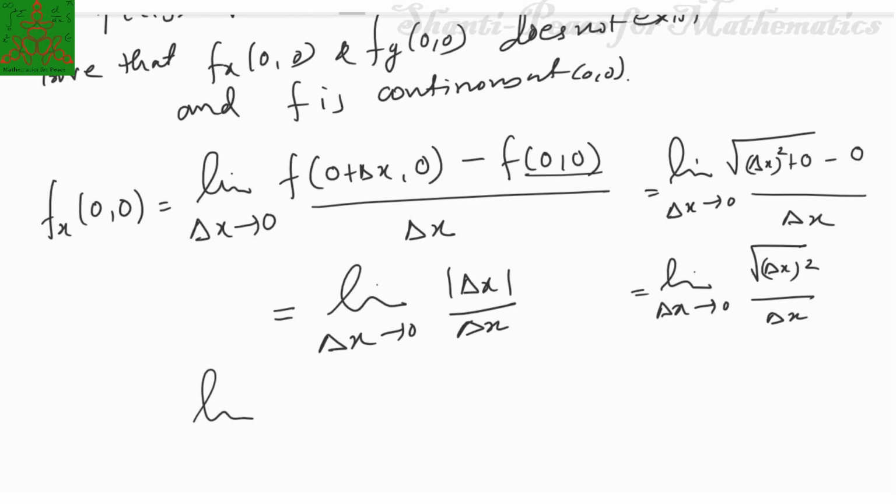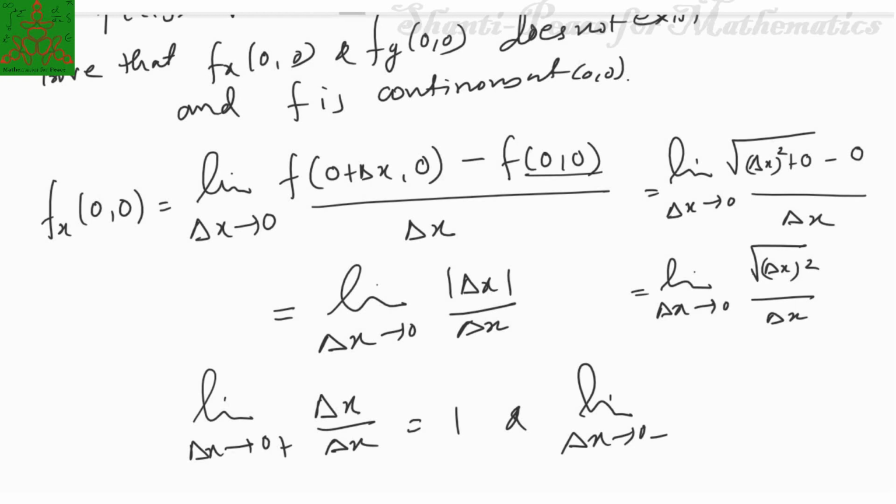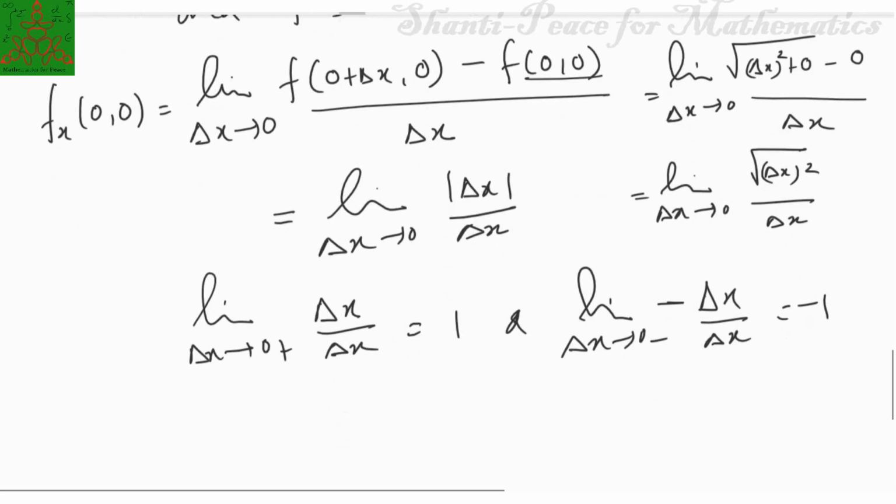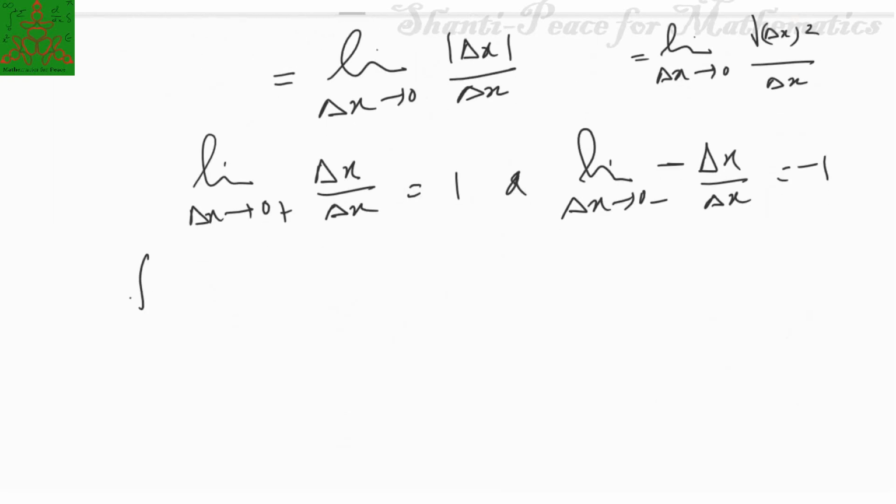So the limit as delta x tends to 0 plus of delta x upon delta x will be 1, and the limit as delta x tends to 0 minus of delta x upon delta x will be minus 1. So the limit does not exist. That means we can say that fx at 0, 0 does not exist.